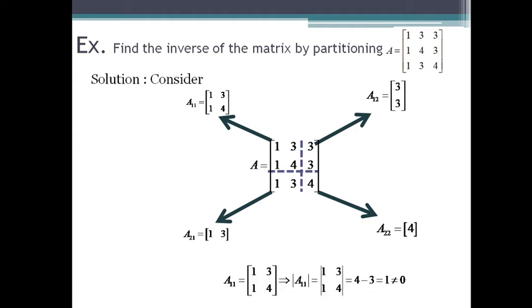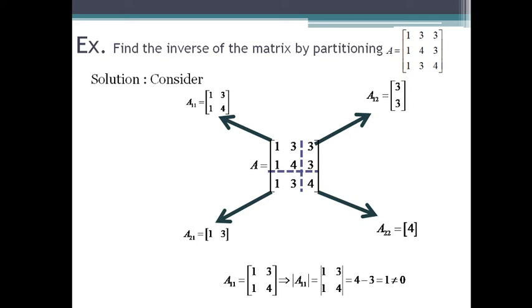Then we first find A11, whose determinant should not equal 0. Therefore the determinant of A11 is not equal to 0, its value equals 1.